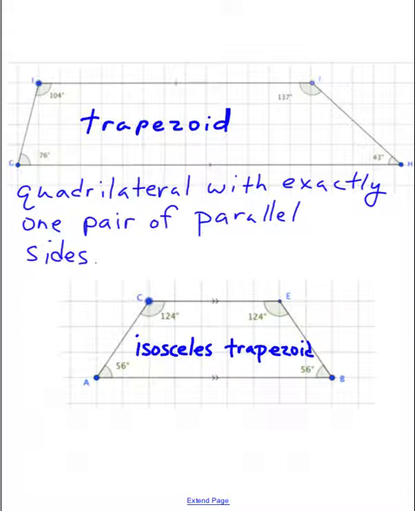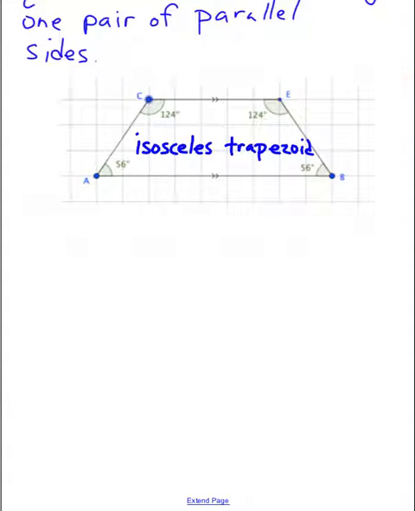Now, this next one below you'll see is an isosceles trapezoid. What would make it isosceles? What do you think, Caroline? We can use the word trapezoid since we've already defined trapezoid. So what makes a trapezoid isosceles, or when is a trapezoid isosceles?